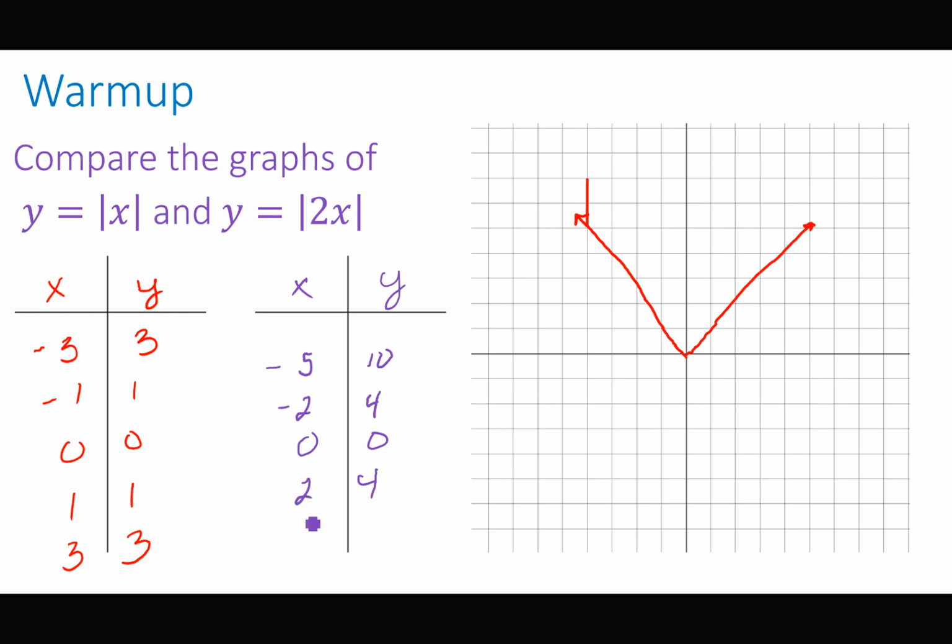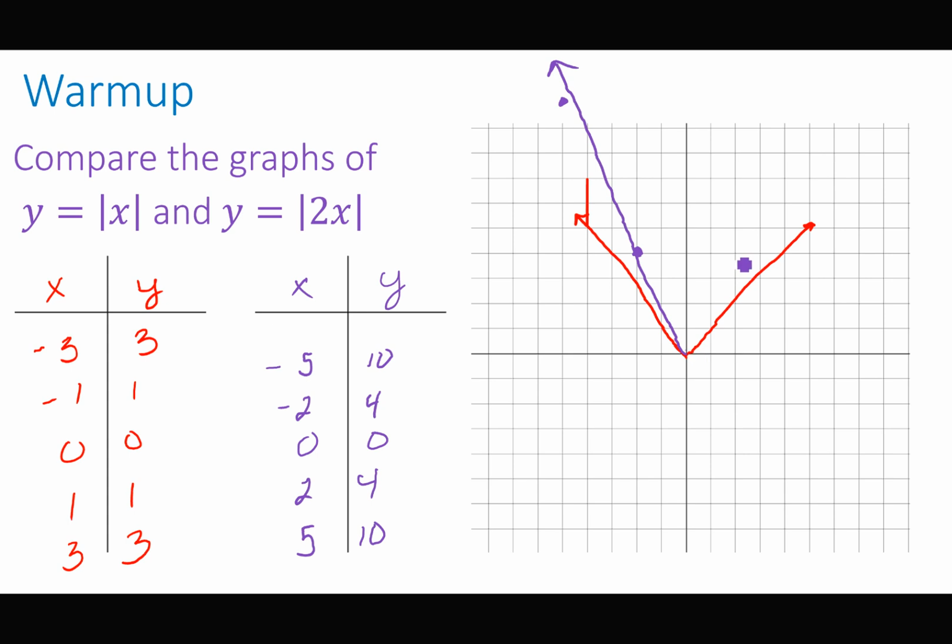Reflecting these over, because we know it's this V shape, we'll have all these points. Be up here. And so we can see this one starts to go like that.